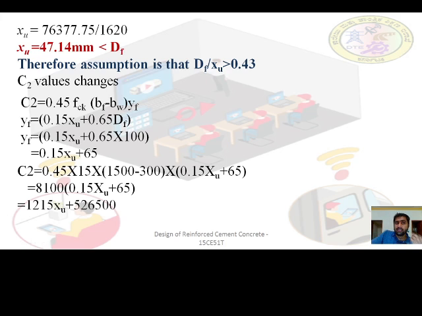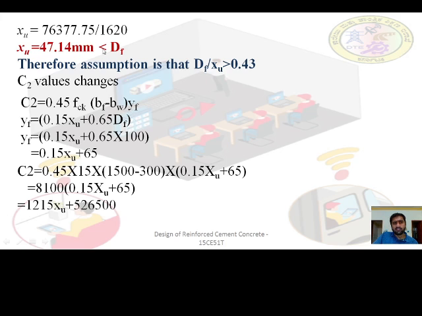If XU is less than DF, we have to recalculate the XU by changing the term in the C2 value. See, C2 value changes. C2 is equal to 0.45 times the FCK, BF minus BW into DF was the earlier formula. We will write it as YF.